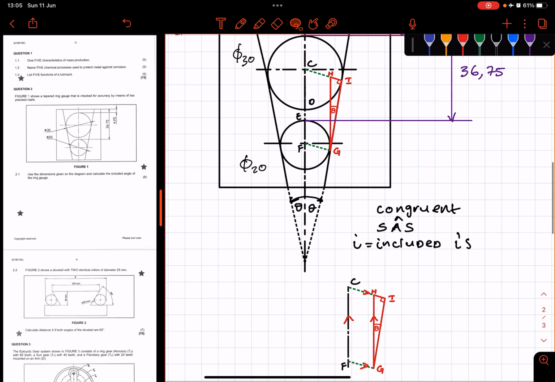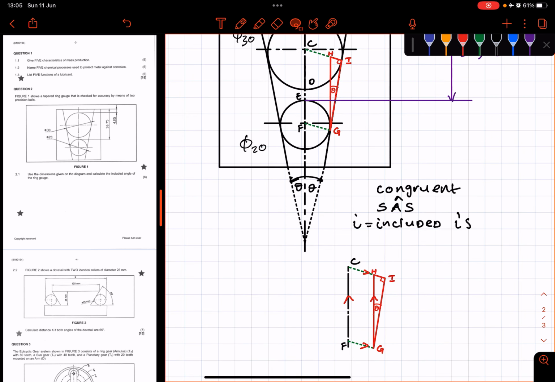Now remember, in calculating for an angle, you either need two angles to get the angle in the triangle, or you need two sides. We obviously don't have enough angles, so we're going to see if we can use sides to calculate our theta.